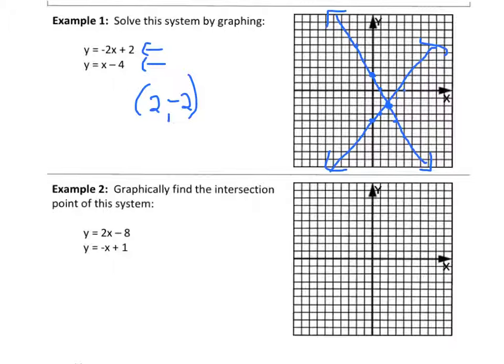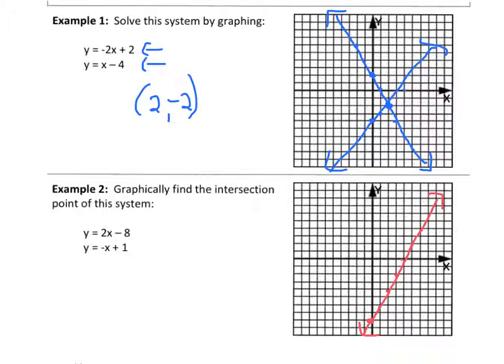Let's try the next one by graphing them. So write the problem down, y = 2x - 8 and y = -x + 1, and graph and look for the intersection. So first we start at negative 8, which is right there, and then my slope is 2 over 1, so I go up 2 over 1 and so on, and I'm just going to keep going and graph that line.